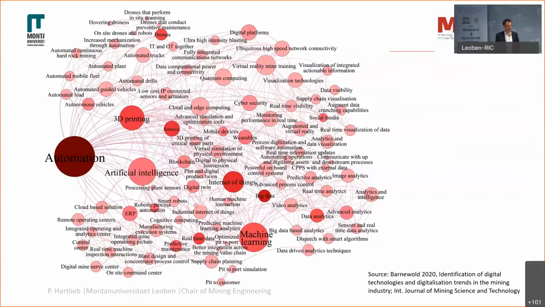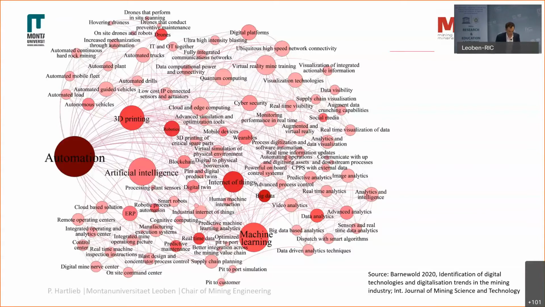I think they're all going hand in hand. So without artificial intelligence, without machine learning, the automation approaches might not be that successful. But of course, if you take a look at this plot, there are many other aspects that these mining engineers that have been asked for this study, and this is a study from last year, from 2020, have identified as a goal or as the incentive of doing digitalization in the mining operation.